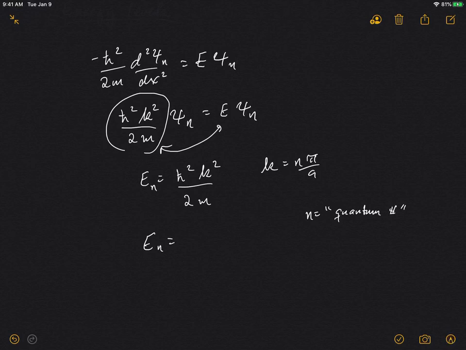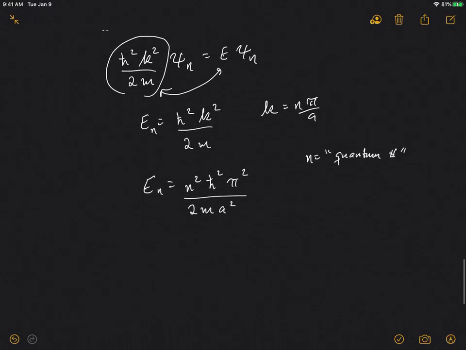It's a fairly general term that we use to describe an integer index, sometimes half integer, that describes a state or a wave function. So plugging things in, we get n squared h bar squared pi squared over 2m a squared.